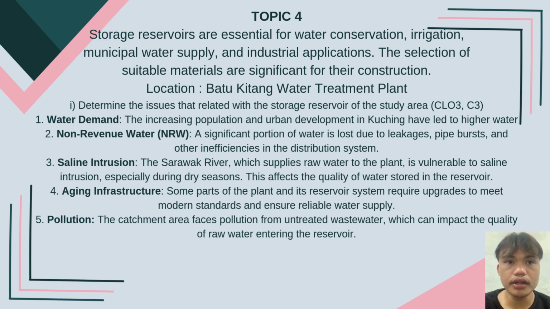Number 1. Water demand. The increasing population and urban development in Kuching have led to higher water demand. 2. Non-revenue water, NRW. A significant portion of water is lost due to leakage, pipe bursts, and other inefficiencies in the distribution system. 3. Saline intrusion. The Sarawak River, which supplies raw water to the plant, is vulnerable to saline intrusion, especially during dry seasons.